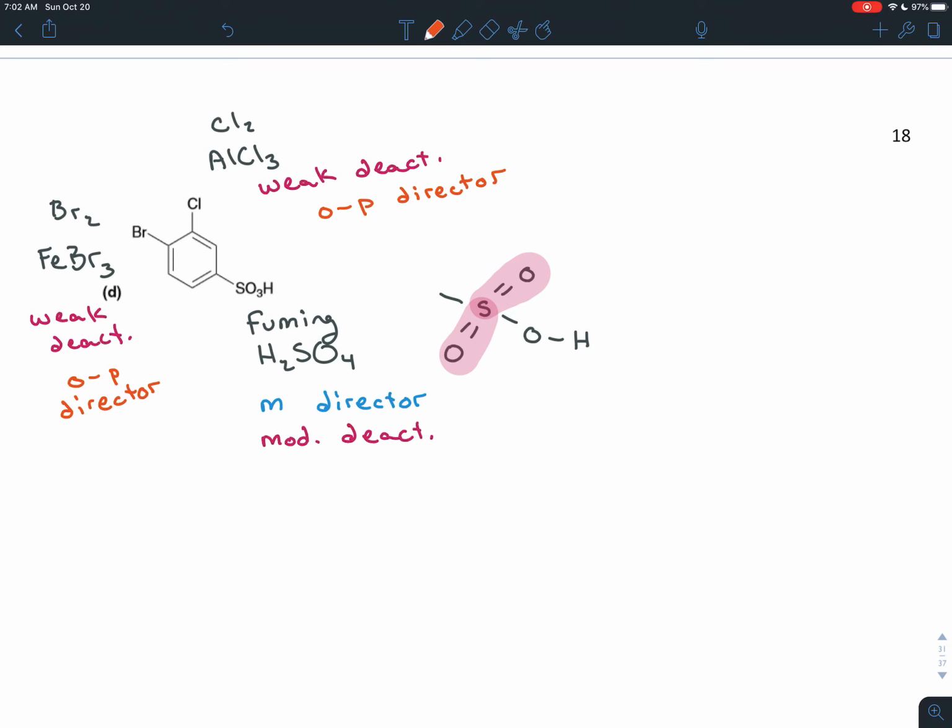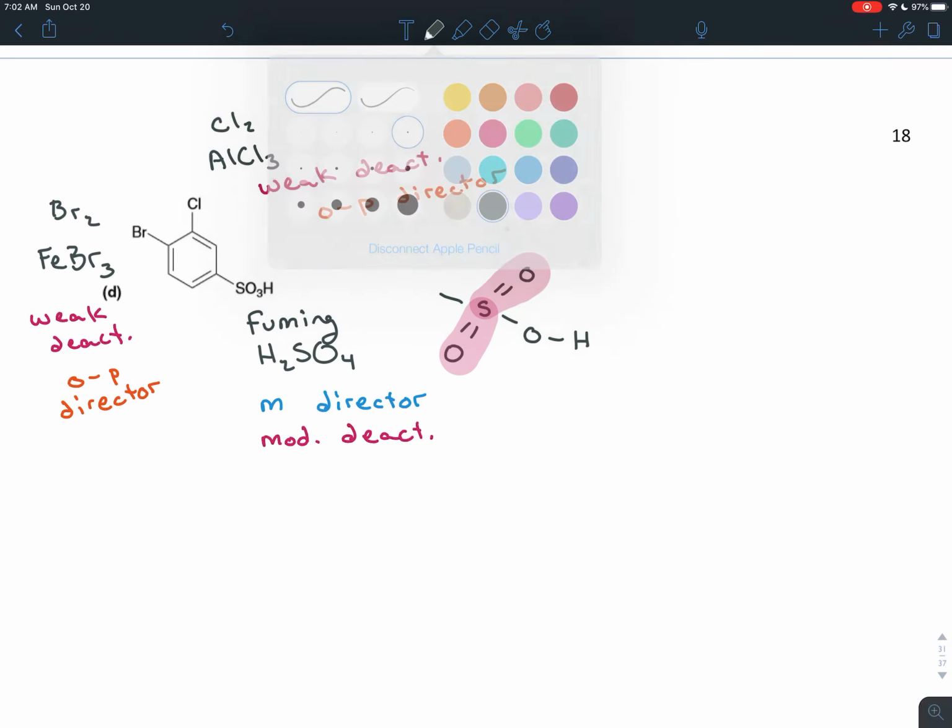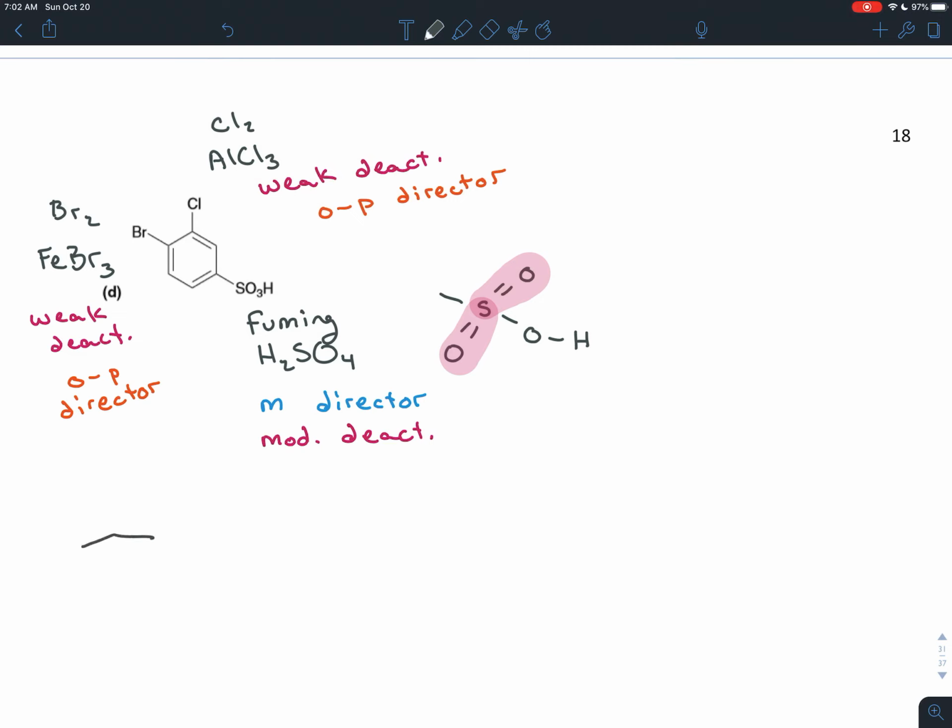So that's one way you can do this, and actually I personally think that's one of the more efficient ways. If you take this benzene ring and you treat it with fuming sulfuric acid, sulfur trioxide gas bubbling through water, then you put the SO3H onto the ring.